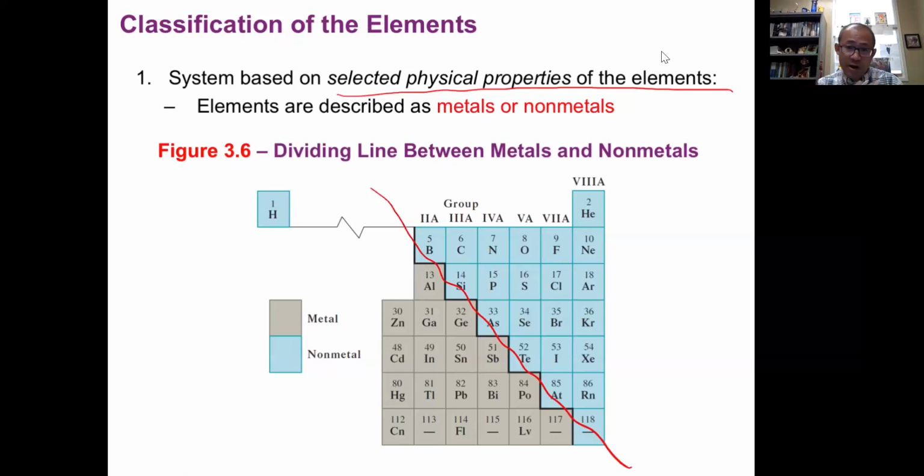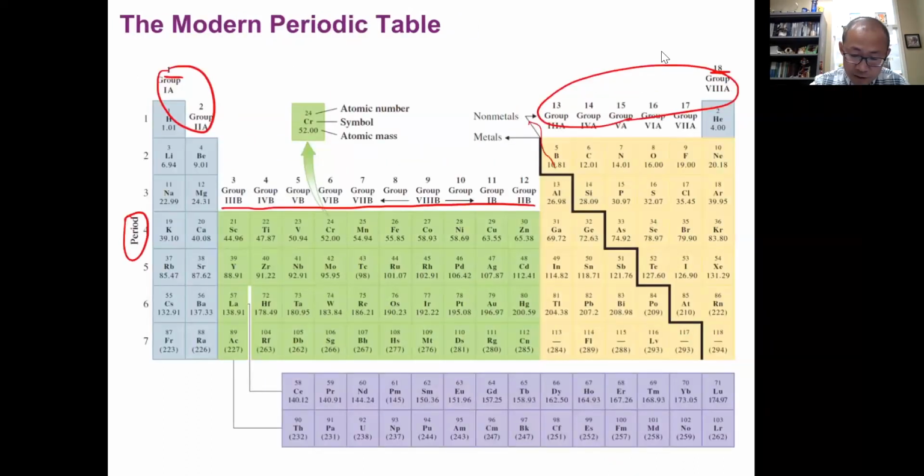Metals are the gray ones at the bottom left corner. Of course, we have more metals than non-metals. If you draw a line there, you see the zigzag line, and the bottom left corners are metals, and the top right corners are non-metals.